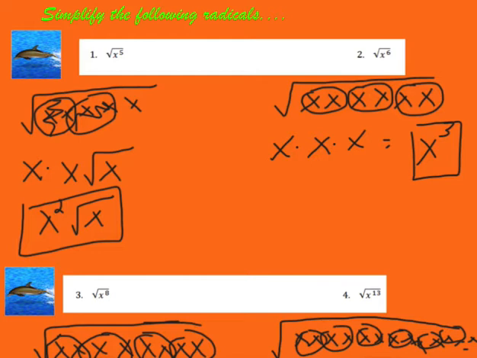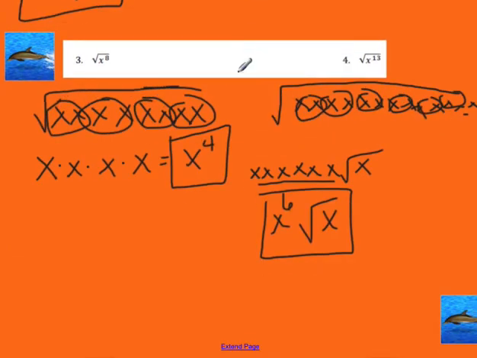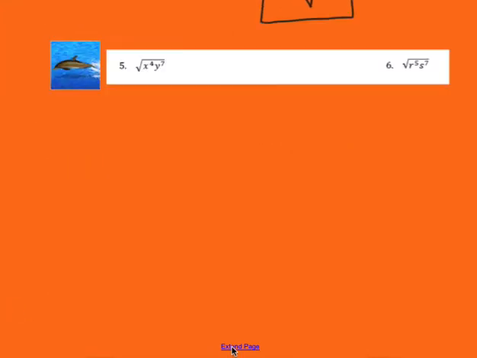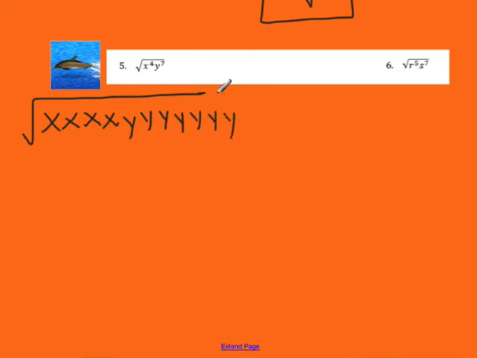Okay. So let's go ahead and take a look at these next problems. So now this one, we have 2 letters. Now a letter can only be a pair with itself. So we're going to have 4 x's and then we're going to have 7 y's. So we have a pair of x's here, a pair of x's here.